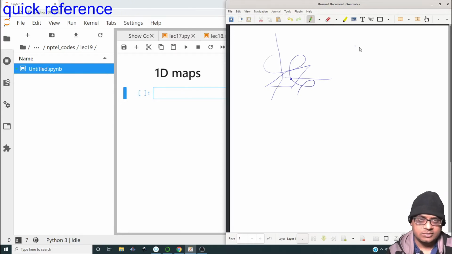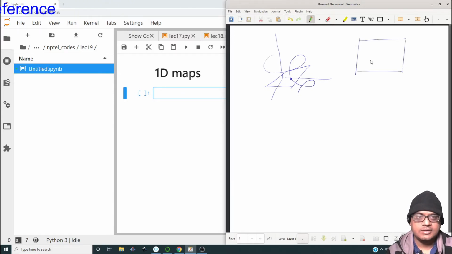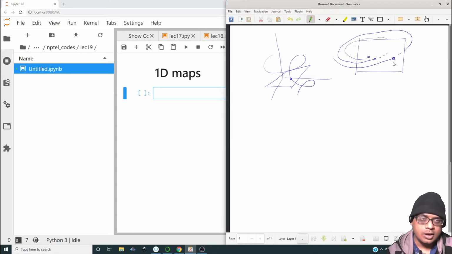So the trajectory can go like this, come back again, and intersect over here. So this is 1, 2, and it can do this several times. We are looking at how on this particular plane a point is mapped onto a point, that point is then mapped onto this point, and so on. Such kinds of discrete observations are classified as maps.